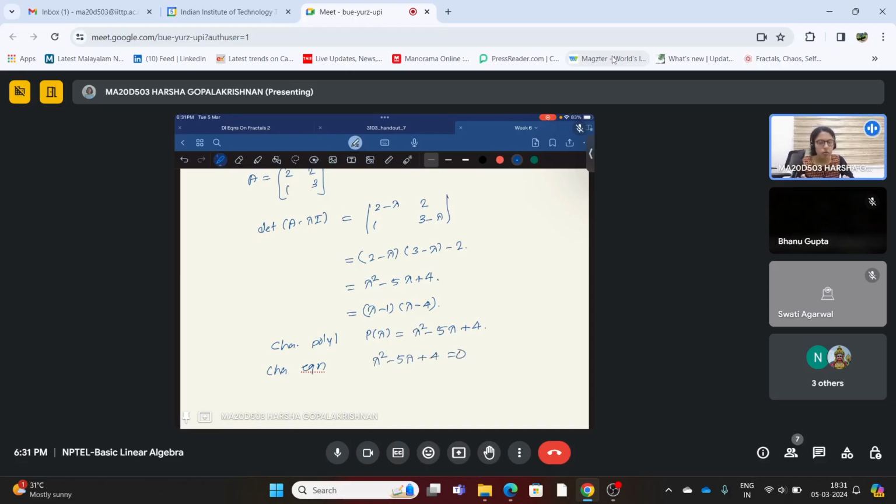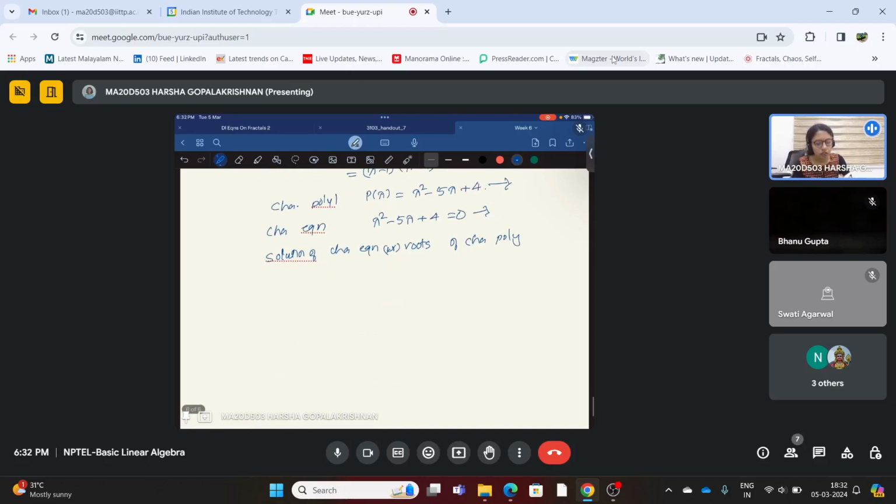Now, what are the eigenvalues? Eigenvalues are the solutions of the characteristic equation, that means the values of lambda which satisfy it, otherwise the roots of the characteristic polynomial.